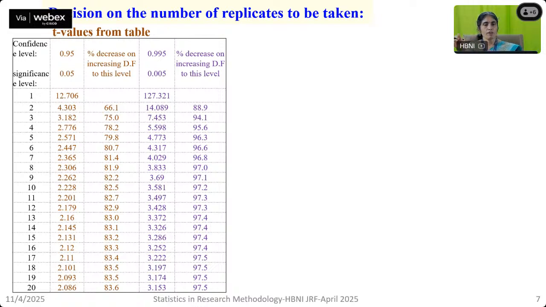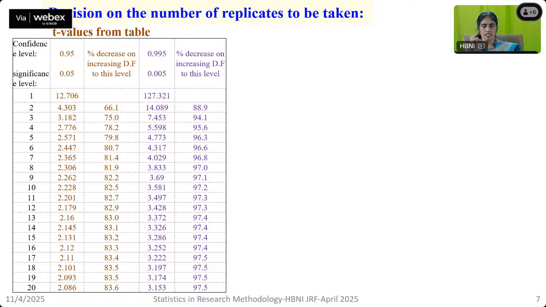The fourth and fifth columns are a similar compilation of T values corresponding to different degrees of freedom at 0.5% significance level, corresponding to 0.005 of alpha.